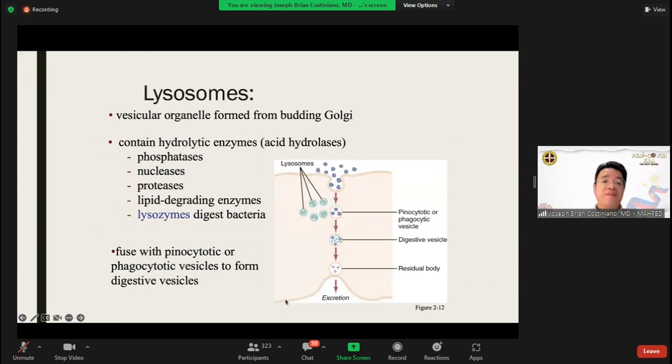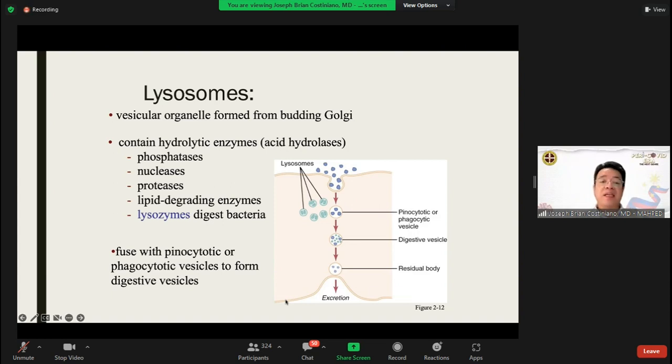Now, your lysosomes are vesicular organelles. And when you talk about lysosomes, lysosomal attack, no, it contains lysozymes that digest your bacteria. It contains hydrolytic enzymes or acid hydrolases. This could include phosphatases, nucleases, proteases, as well as other lipid-degrading enzymes. So they can fuse with pinocytotic or phagocytotic vesicles.